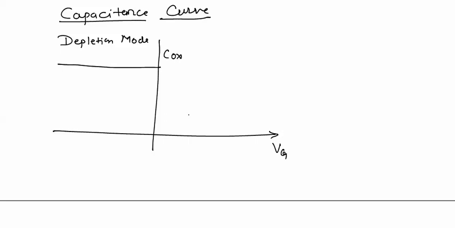When we apply positive gate voltage but less than threshold voltage Vt, the capacitance will be the series combination of two capacitances and it goes on decreasing as the voltage increases. When the voltage Vt is crossed, the capacitance again becomes oxide capacitance, C oxide.